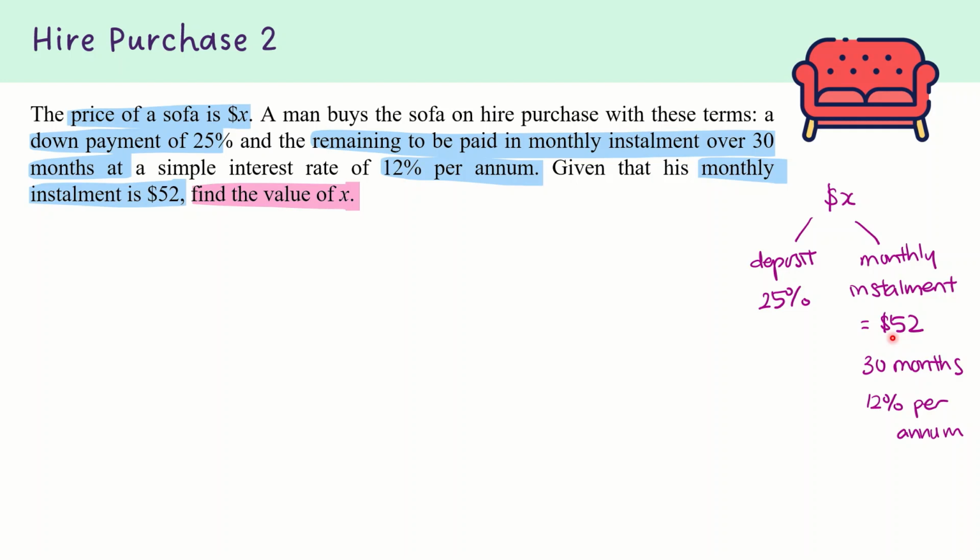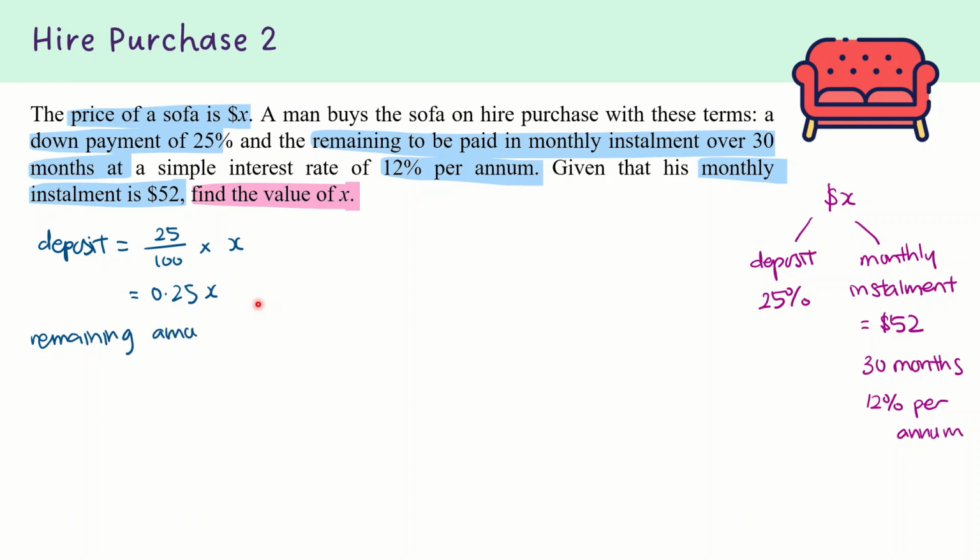So how do we go about finding out the value of X? Since we know that the deposit is 25%, we can find 25% of X and express it as the expression 0.25X, because 25 divided by 100 as a decimal is 0.25.